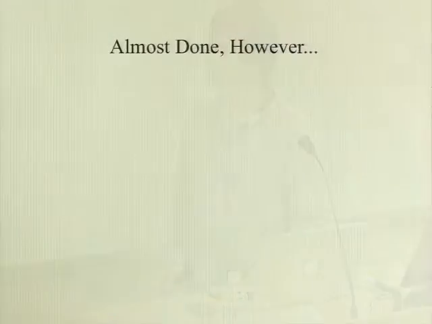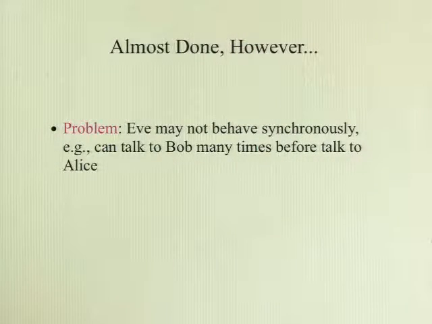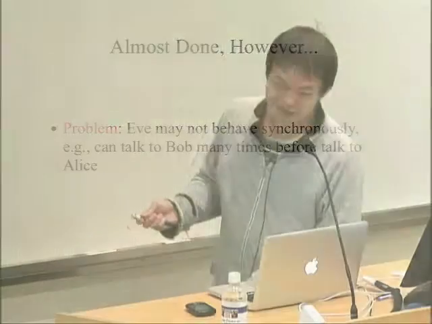So we're almost done. However, there is one little subtle problem here. The problem is that Eve may not behave synchronously, which means that she can talk to Bob many times before she talks to Alice.